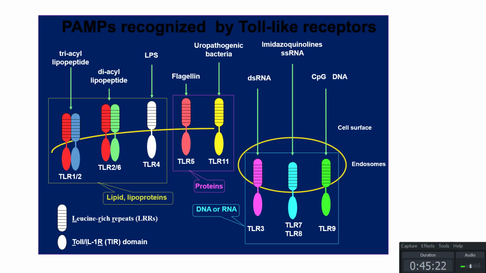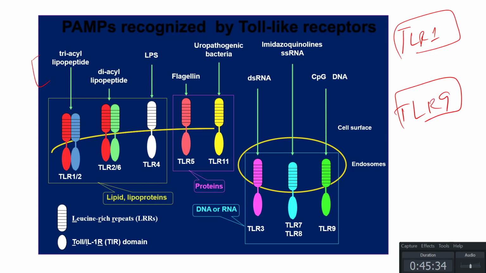I have talked about TLR. In our body we have several TLRs, starting from TLR1 to TLR9. These detect certain pathogen associated molecular patterns: TLR1 and 2 can detect triacyl lipopeptide, TLR2 and 6 can recognize diacyl lipopeptide, TLR4 alone can detect LPS, and TLR5 and TLR11 can detect flagellin and uropathogenic bacteria.